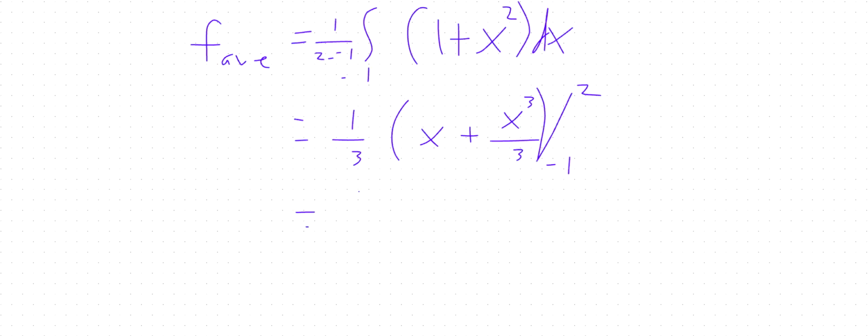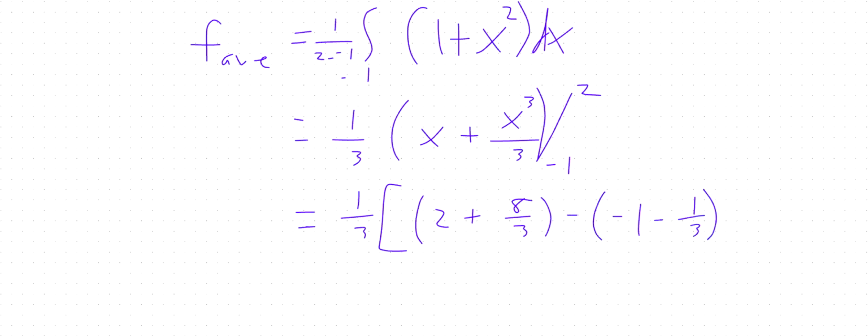One third, we get 3. Whoops, got 3. It's 2 plus 8/3 minus -1 minus 1/3. So minus a negative becomes a positive.